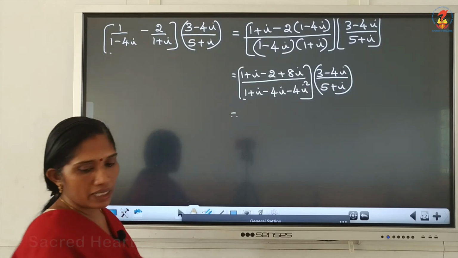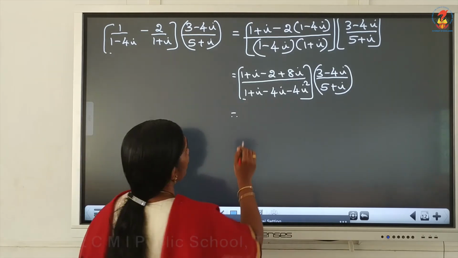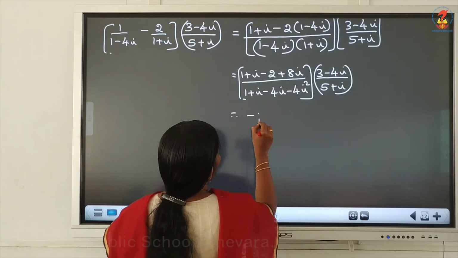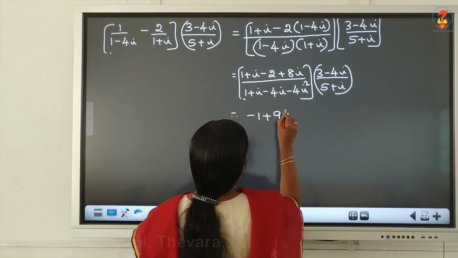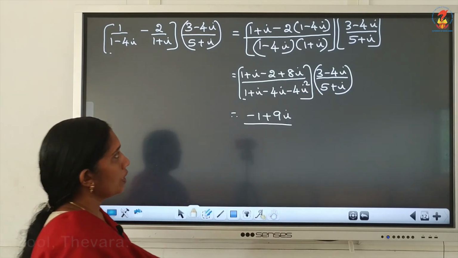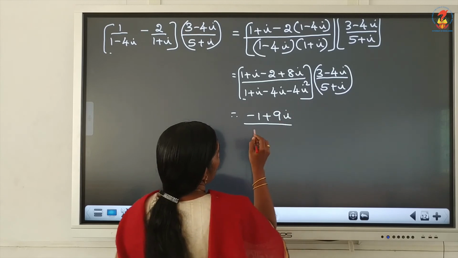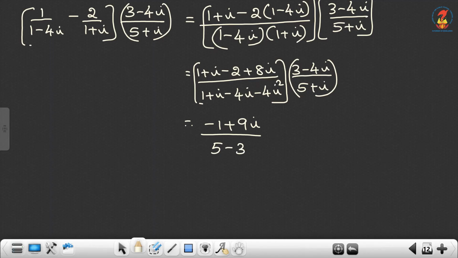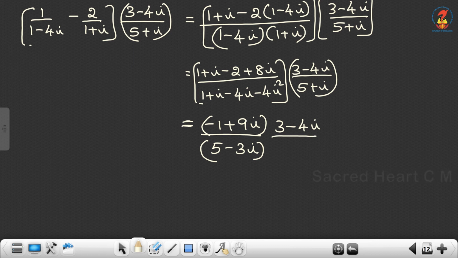Now 1 minus 2 is minus 1. So it is minus 1 plus 9i by, i squared becomes minus 1, so that becomes plus 4. So 5 minus 3i. Then (3 − 4i) by (5 + i).